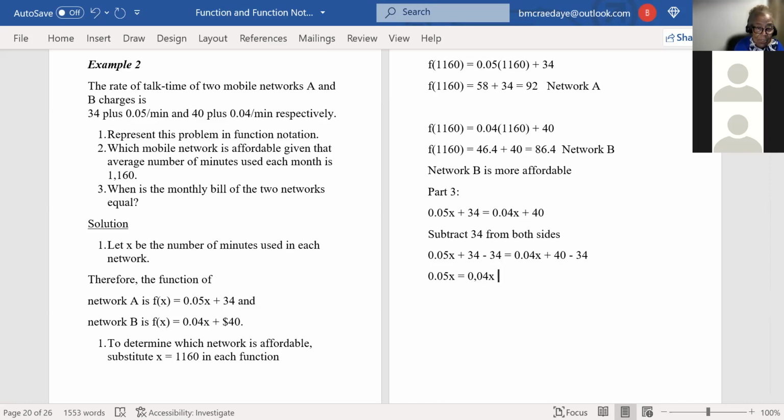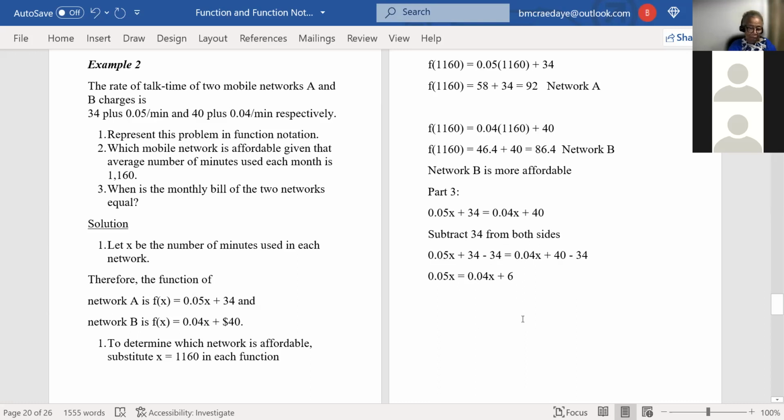What's 40 minus 34? 6. Okay, plus 6. Then what do I do next? I need to get these x's together, right? So what do I do to get my variables together here?